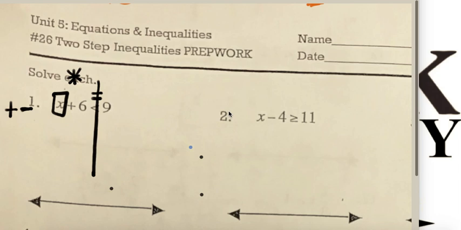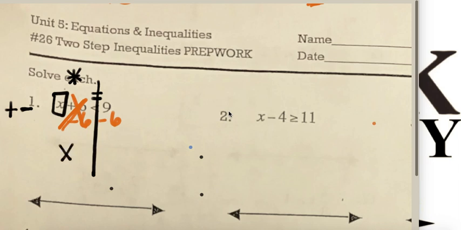If I subtract 9, that will not get rid of the 6, and I will still have something on the side with x. I want to get x by itself. To do that, I need to take 6 away from both sides. If I have 6 and take 6 away, I'm left with nothing. So now I just have x left, and that's what I wanted.